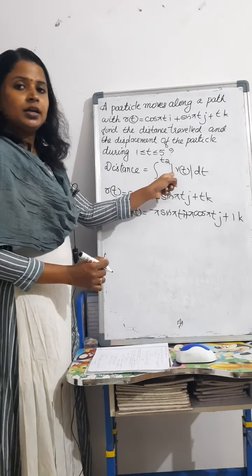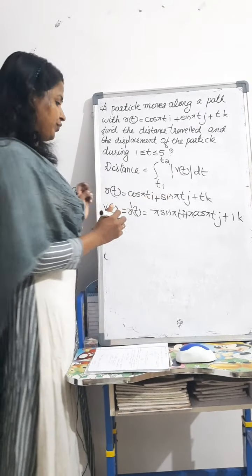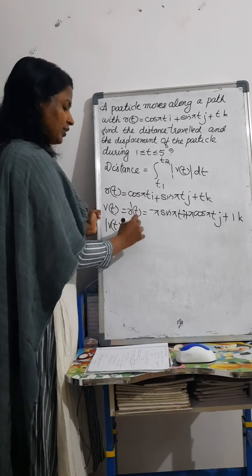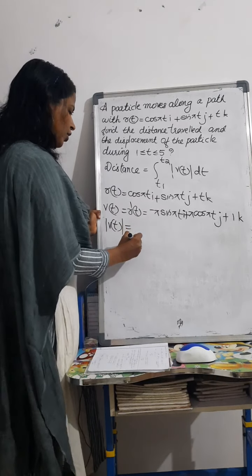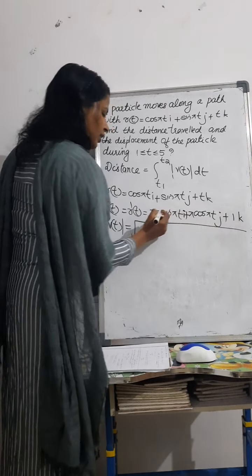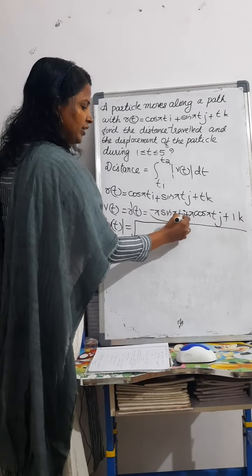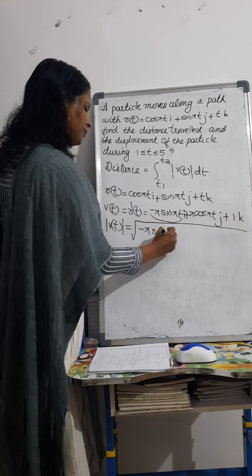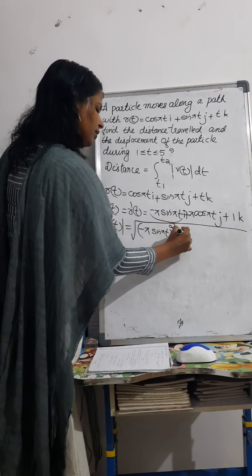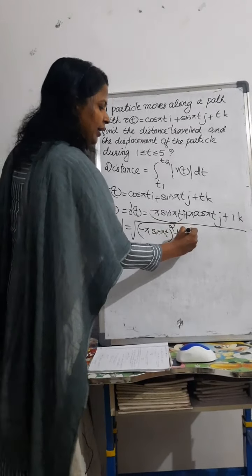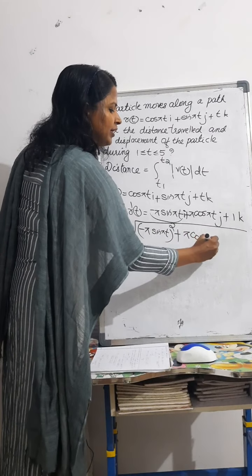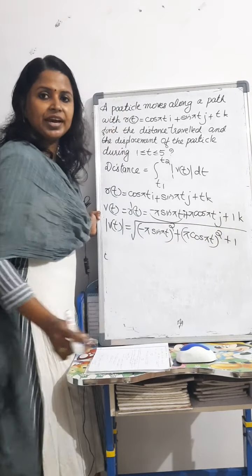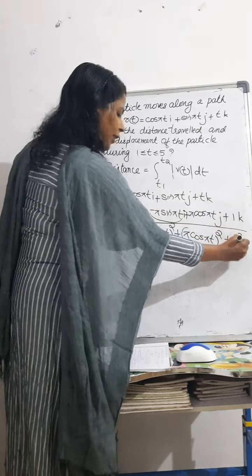Then the modulus of v of t. What is the modulus of a vector? It is the square root of the coefficient of i squared, that is minus pi sin pi t whole square, plus pi cos pi t whole square, plus the coefficient of k, which is 1, so 1 square.